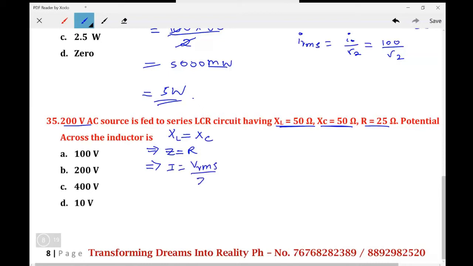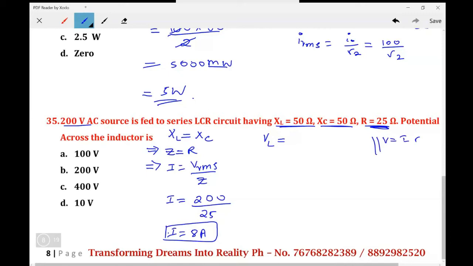Anyways, write R or write Z. Now what is the current value? 200 by the resistance value, how much is it? 25 ohms. So we'll get it as 8 amps. What is the current? 8 amperes. Done. We need the voltage across the inductor. So see, it is just Ohm's law. What is V? V is equal to IR.